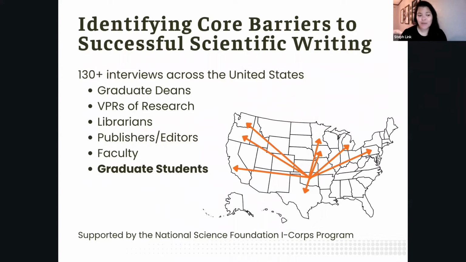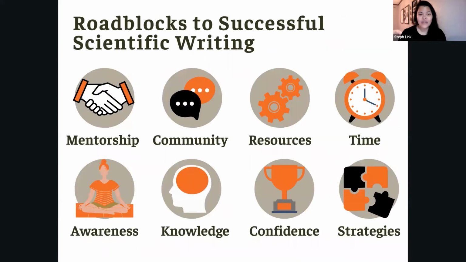This project was sponsored by the National Science Foundation. It allowed us to understand, again, those roadblocks to successful scientific writing. Once we compiled all the data from these interviews, which took us about 8 weeks of travel, we found some major themes.